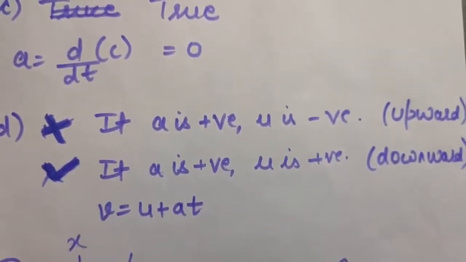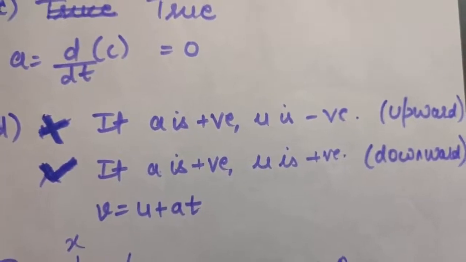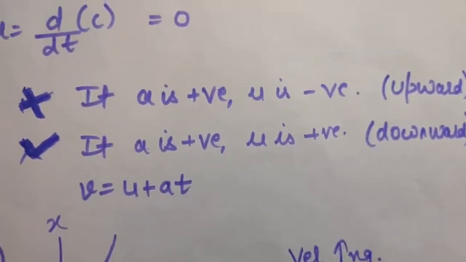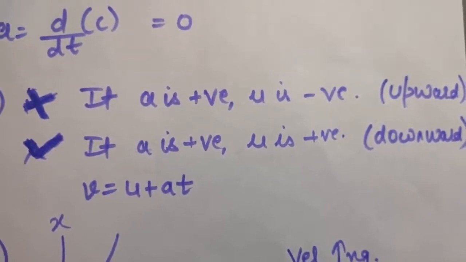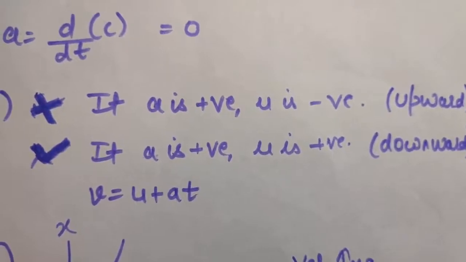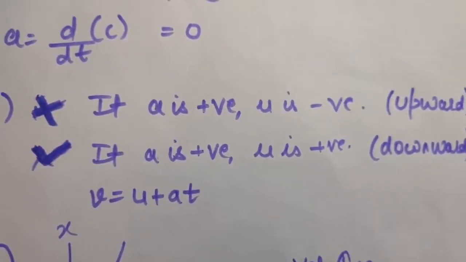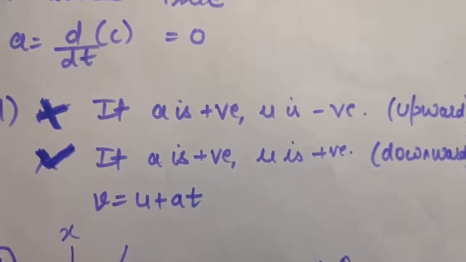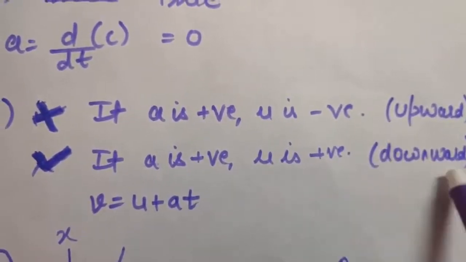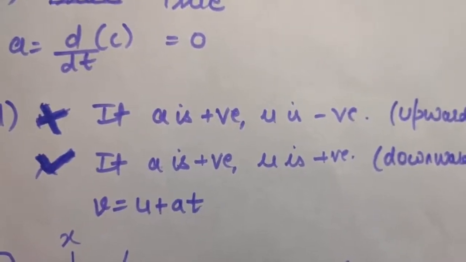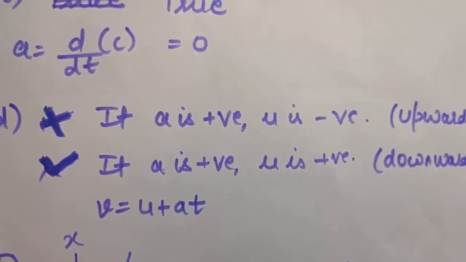For example, understand it like this. During the upward motion of the ball, its velocity goes on decreasing, but acceleration is acting in the downward direction. And if I am taking the downward direction to be positive, that means the ball has positive acceleration, but it is not speeding up. Similarly, for downward motion, acceleration is still downward, acceleration is positive, and now speed is also in the positive direction.